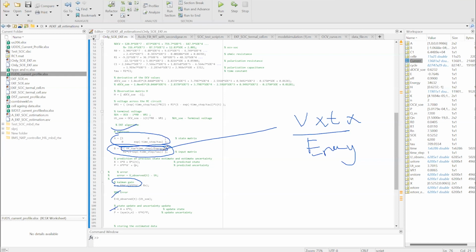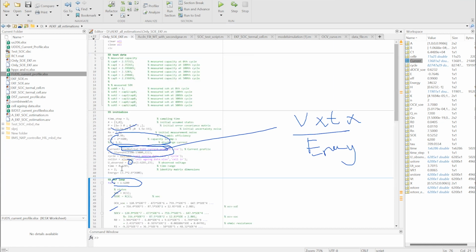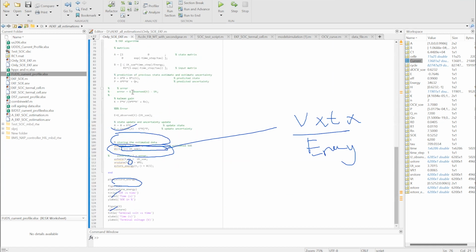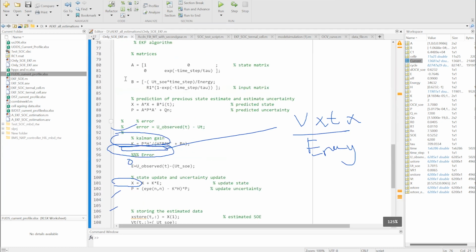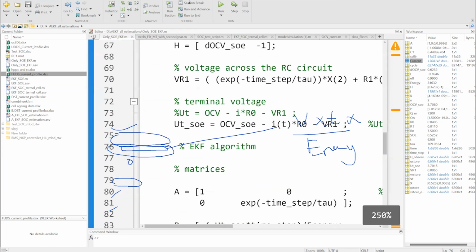So you can see here the B matrix where I have placed it. I'll try to make it big so that it is easy to see. Sorry, I think it's too big.